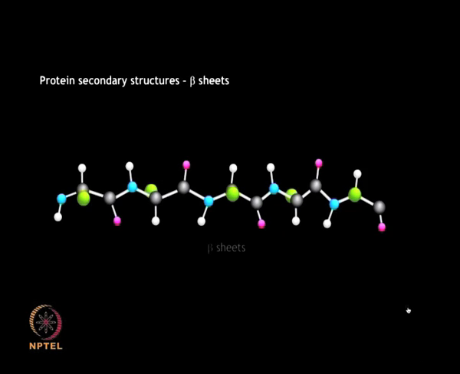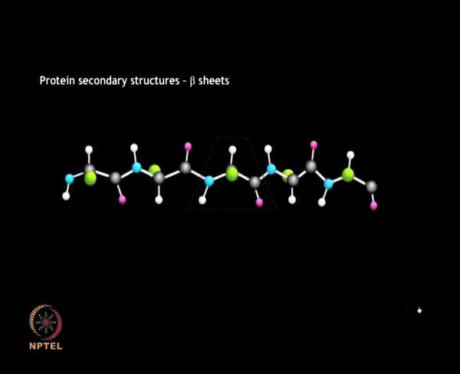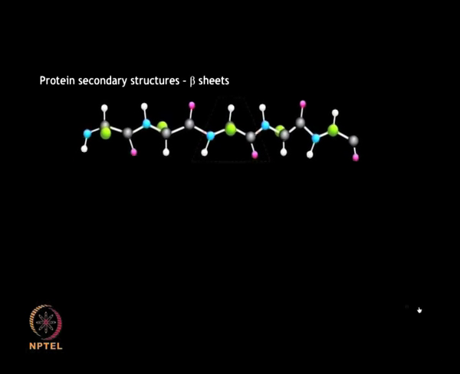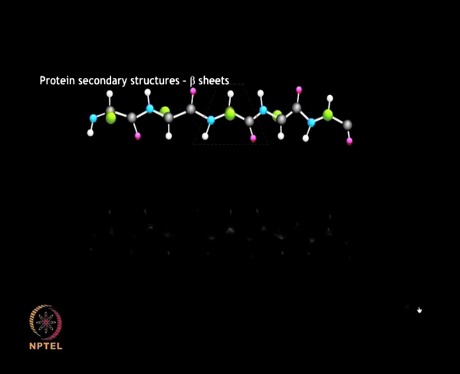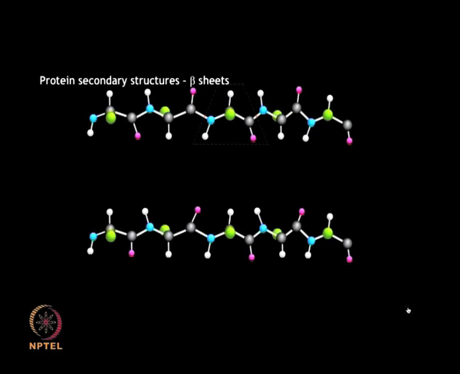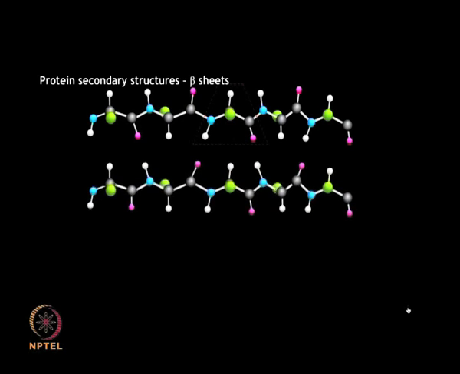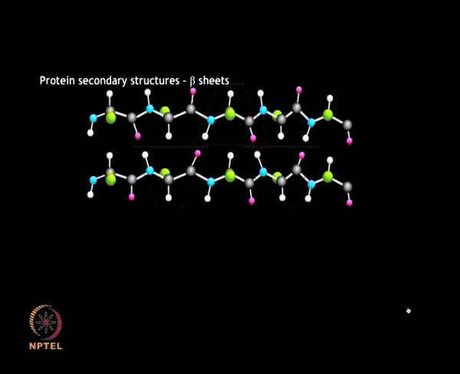Beta pleated sheets, discovered by Pauling and Corey, are another common secondary structure with periodic repeating units. They are composed of 2 or more polypeptide chains with their side chains oriented above and below the plane.